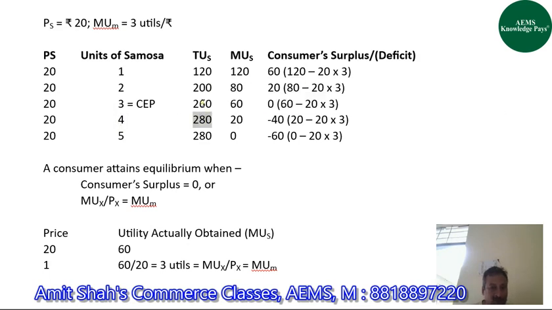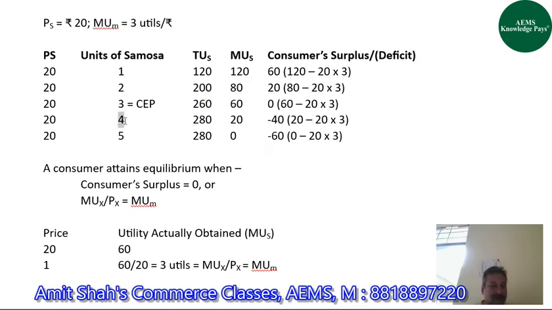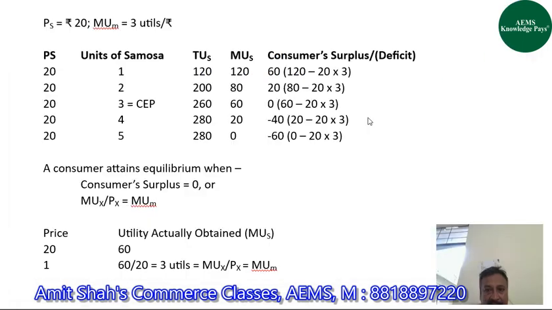Though here TU is more than this TU, here it is 280, here it is 260, the fourth samosa is not the equilibrium point, guys, because here we have money also into consideration. I hope you are getting this. You would not like to spend money. Yes, sir. The consumer is expecting 3 utils per rupee, and that is what he is getting here. He is getting 60 utils by spending 20 rupees.